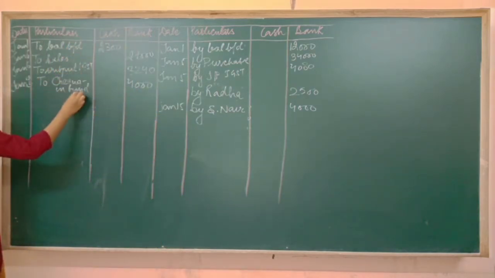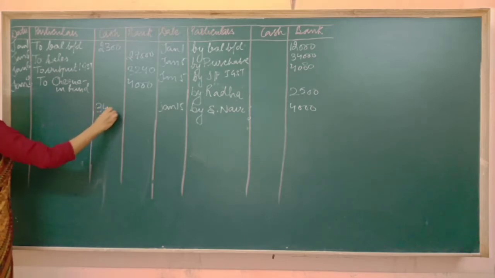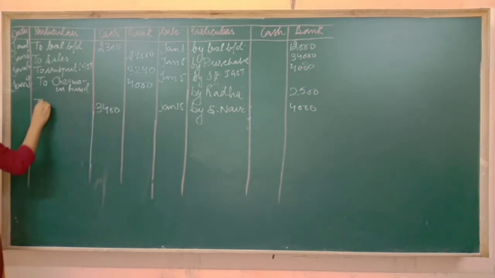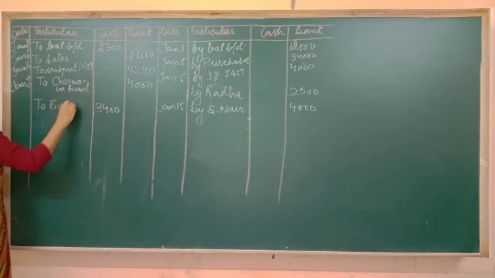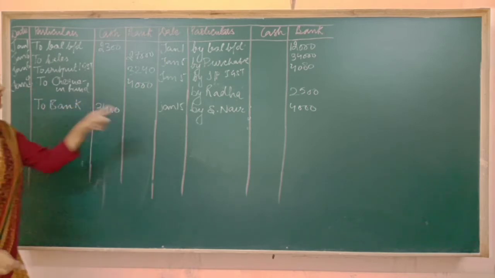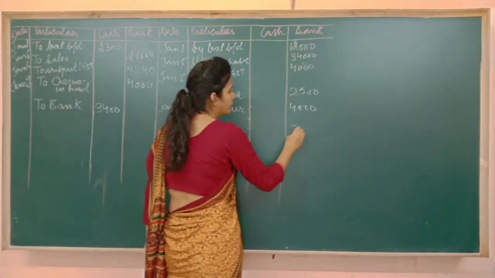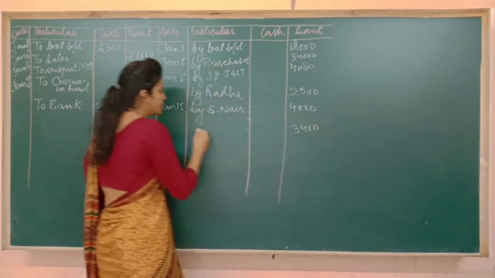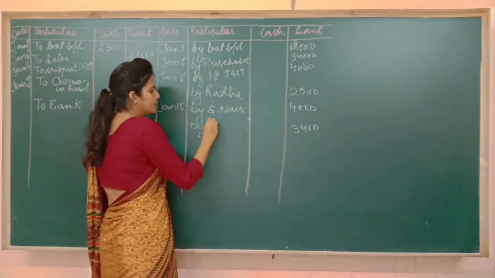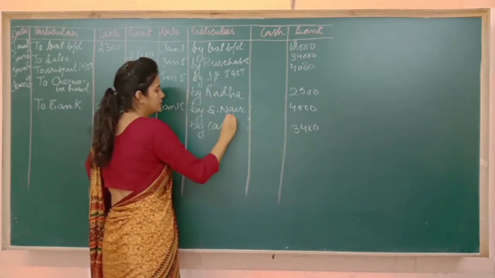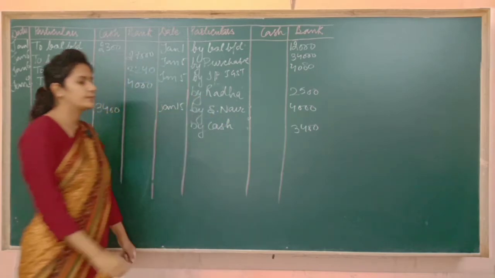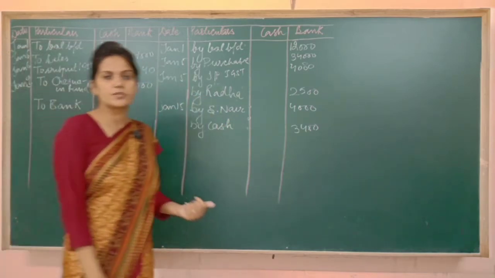Cash is debited with rupees 3400. So we will write here to bank. Bank has been credited by rupees 3400 because we have taken money, so by cash. This is the posting of a contra entry.